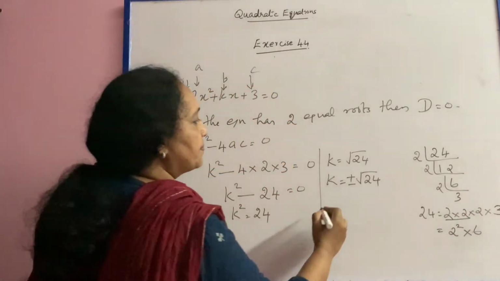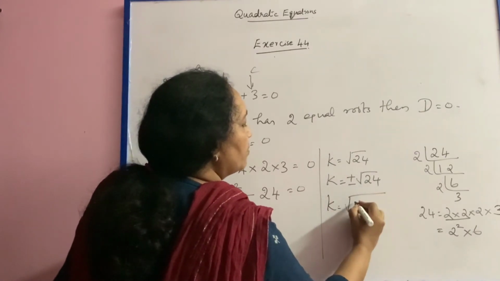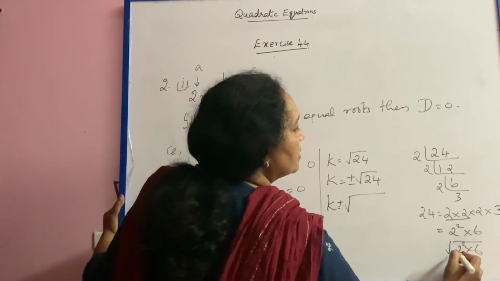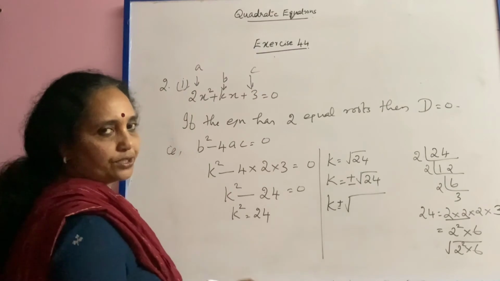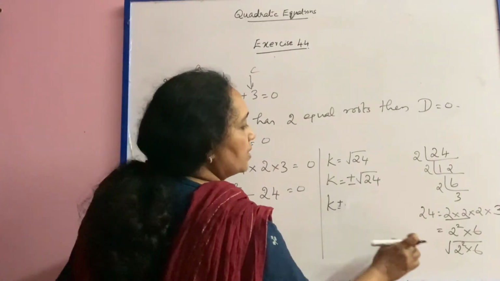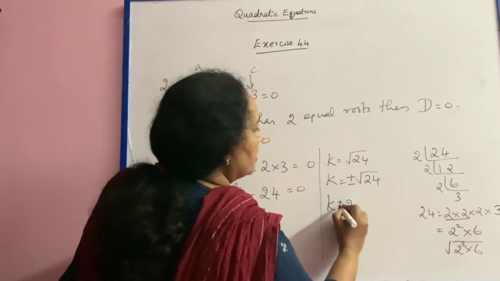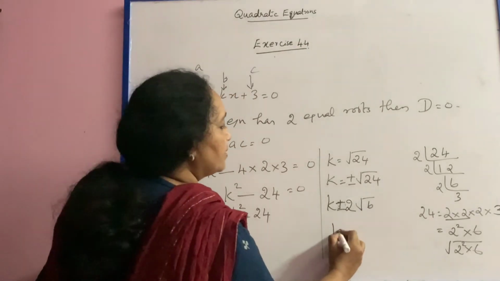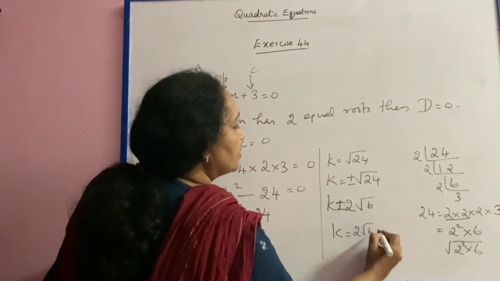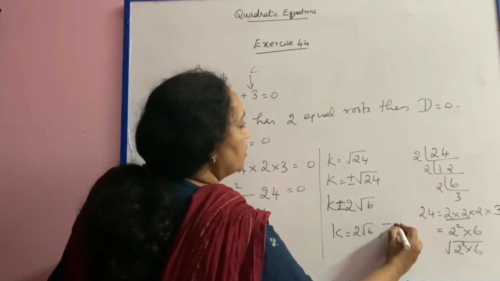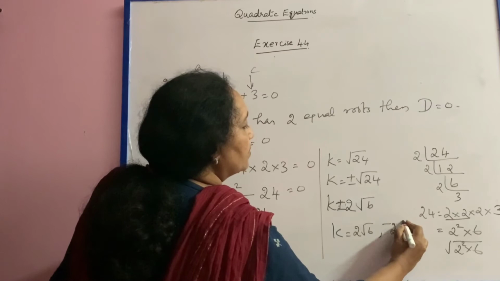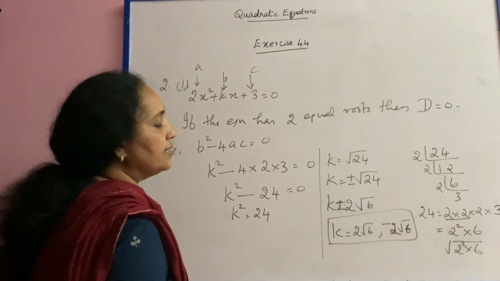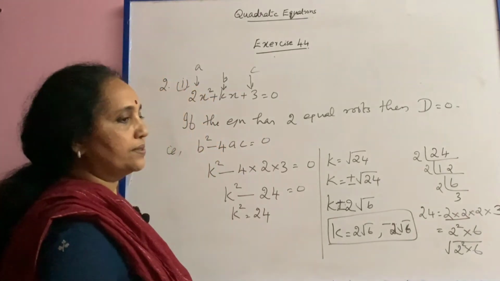Make them into pairs. k is equal to plus or minus root of 2 square into 6. Root of 2 square is 2, so this is plus or minus 2 root 6. k has two values here: k is equal to 2 root 6 and negative 2 root 6.